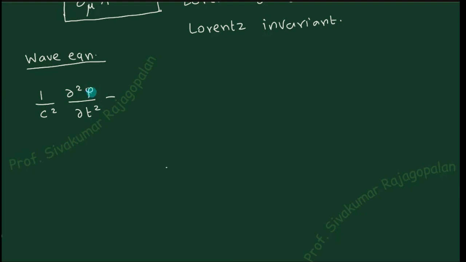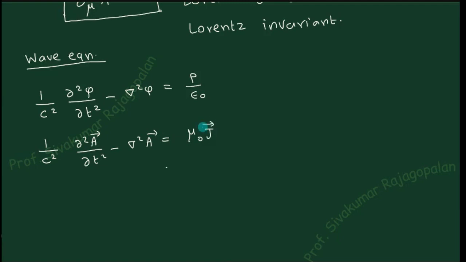It is not static, but we say electric potential, minus of the del square of phi is equal to rho by epsilon 0. And you also have the corresponding equation for the magnetic vector potential, equal to mu naught into J.